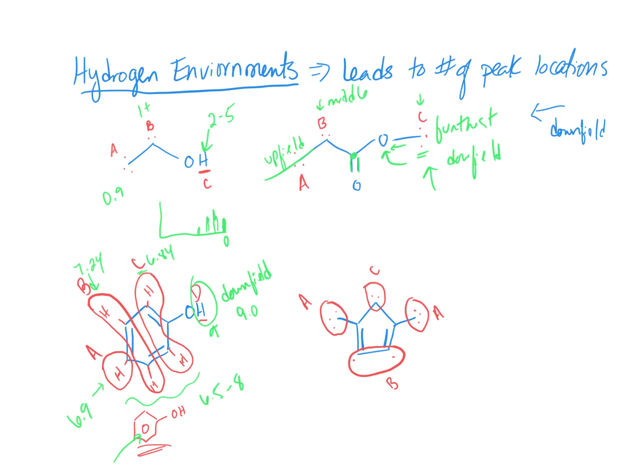Okay, so the reason why those are happening, we're going to go through more in Orgo 2, so you can know sort of where those locations are located. But for now, I want you to know how to read those. You can also see how things can start to overlap really quickly. So the 6.9 and the 6.84 are going to look very, very similar.